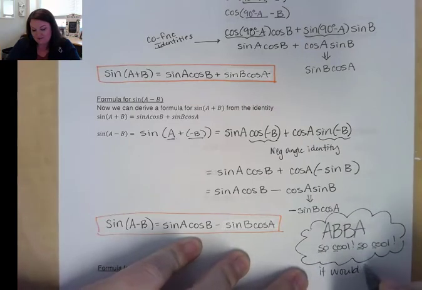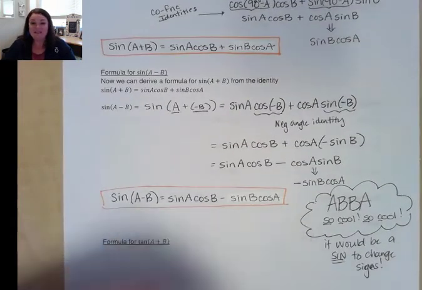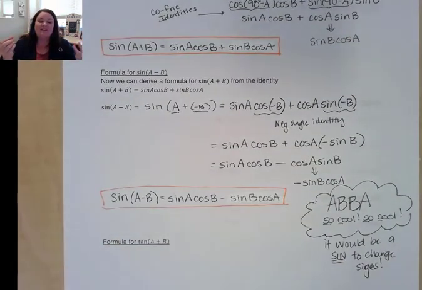It would be a sin to change signs. So I hope that helps you remember. For cosine, if you can remember cab sab, because it doesn't have to make sense, we know we do cosine of both angles, sine of both angles, and whatever sign we started with, a difference or addition, we change it, right?